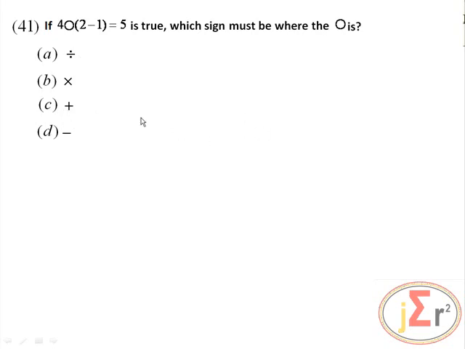But let us do it right here and now so that we are able to just look at it and tell the answer rather than having to go through a process which we will do in a few seconds. So we say 4, we do something with it and operated on by 2 minus 1 is equal to 5.